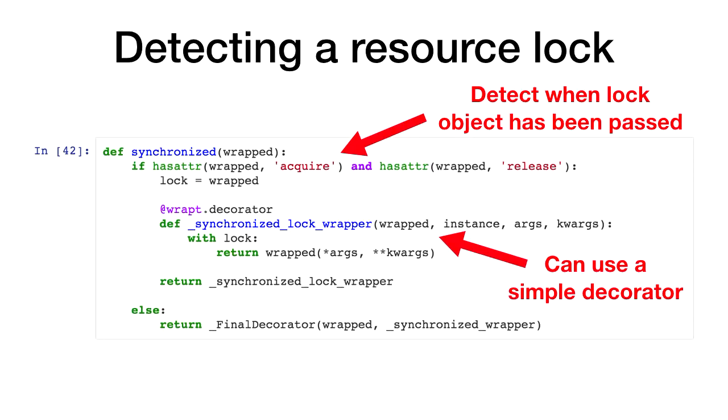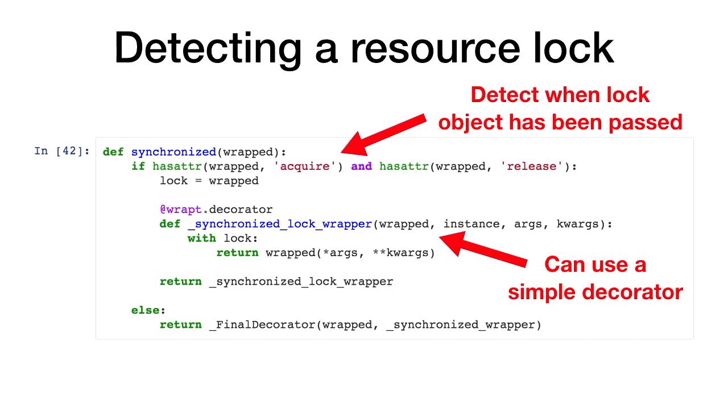So in the synchronized function again, down the bottom we have the final decorator. That's our context manager case and a normal case. In the top one, we're going to take the wrapped object, which in this case actually is going to be the lock object. We're going to see whether it has acquire and release, so it looks like a lock object. And in this case, we are going to have another decorator function, which, if it's a lock object, will go fine.